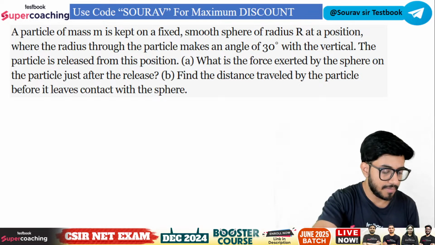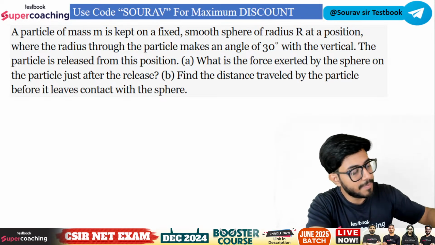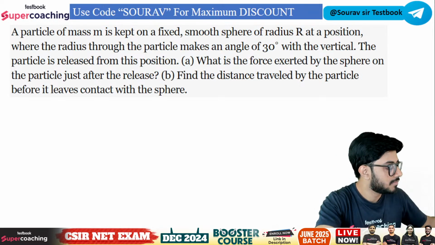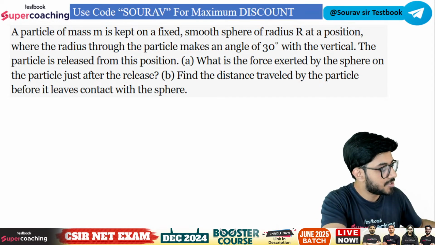So this is an easy question actually. You're keeping the particle above the sphere, right? That's a good thing. So let's just check what to do.